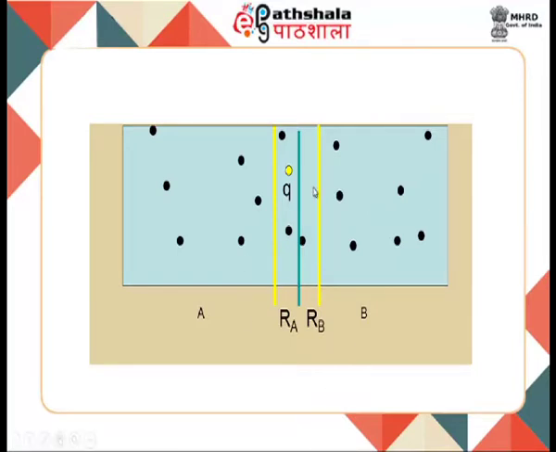So, this is where we need to apply some thinking. The corresponding point for Q cannot be beyond this particular point, because this is where the minimum distance D is all about.